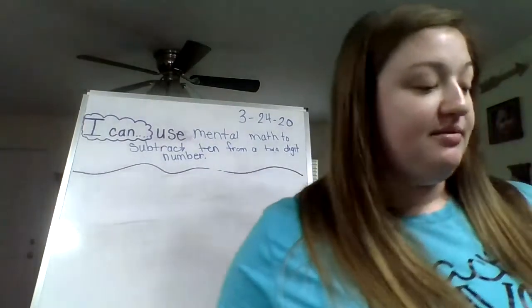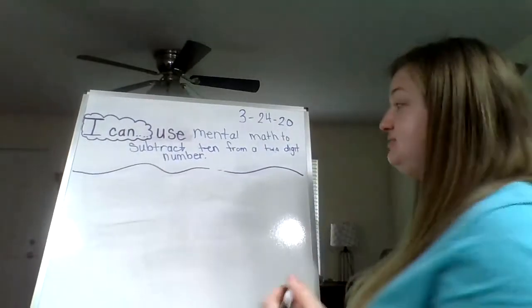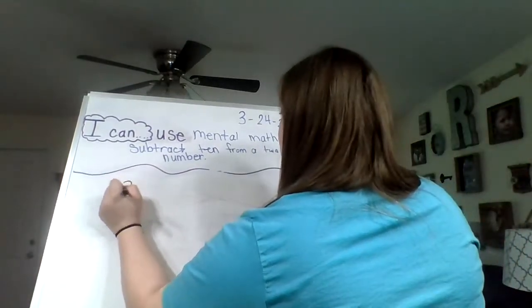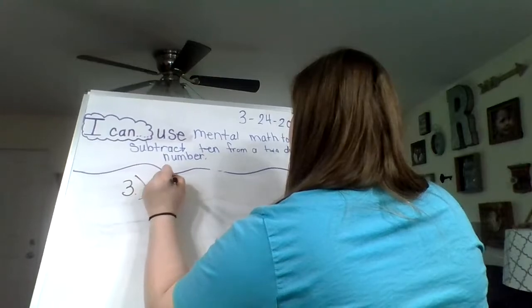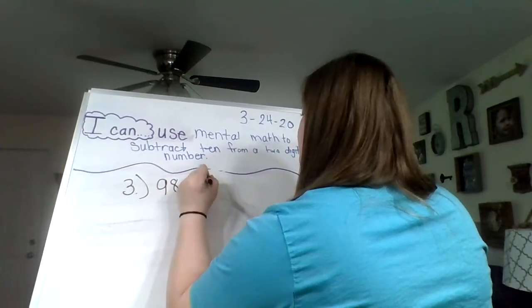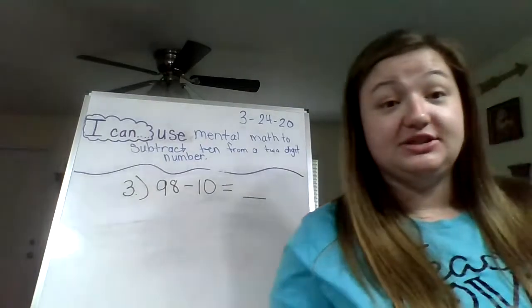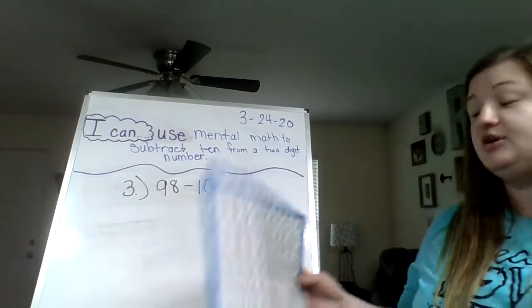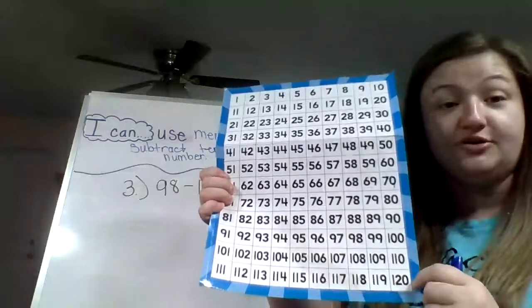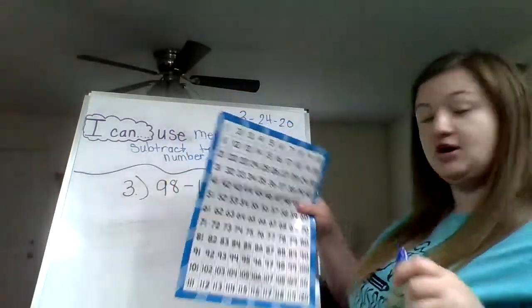Now number 3 says 98 subtract 10. So you guys are still doing this with me, but I wanted to use a different strategy. So I'm going to use my 100 chart, okay? So I'm going to start at 98.